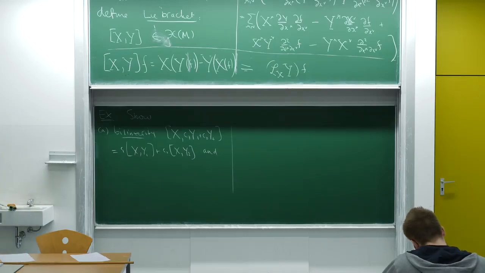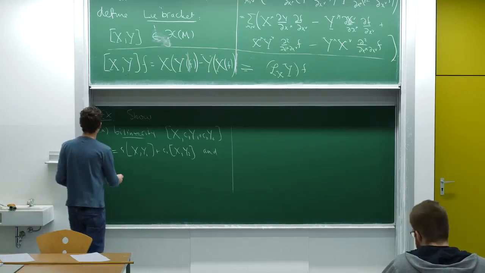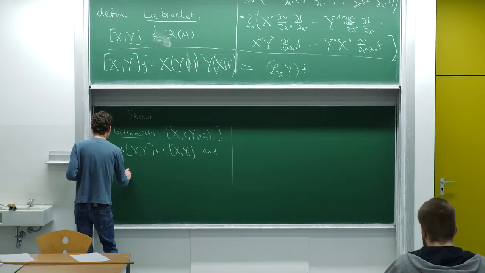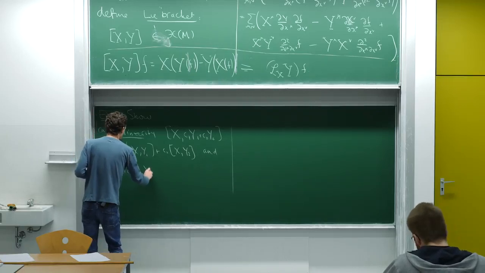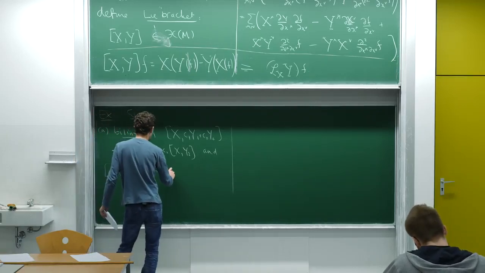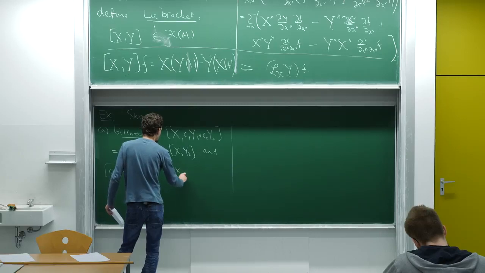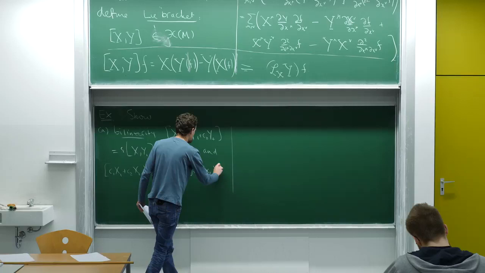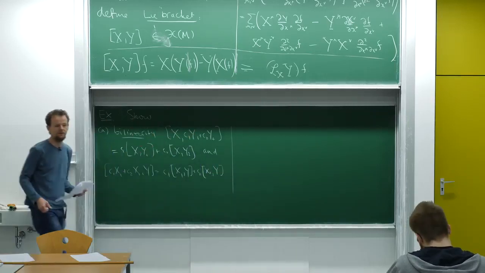That's just with respect to the second argument, but of course to be bilinear, you need to be linear with respect to the first argument as well. So that means c1 x1 plus c2 x2 bracket y had better be equal to c1 x1 bracket y plus c2 x2 bracket y. That's the first exercise.